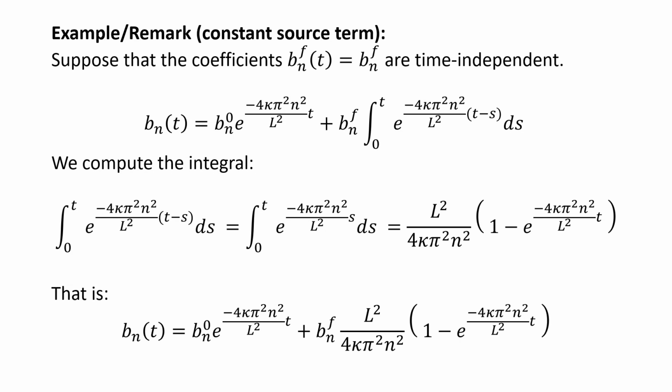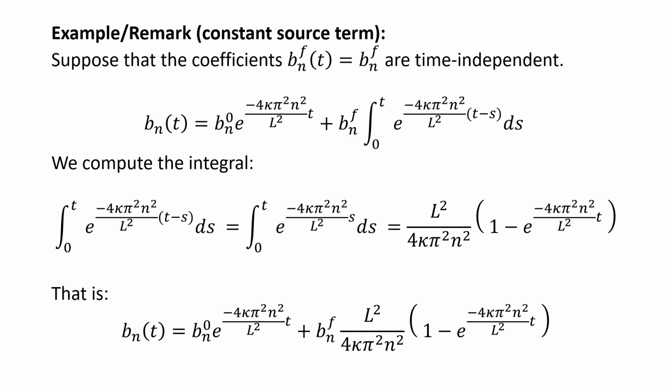And so, in the case of constant data, the coefficients of the solution b_n(t) take the following form. b_n(t) equals b_0n times the exponential of negative 4κπ²n²/L² times t, plus the constant coefficient of the source term b_fn times L²/(4κπ²n²) times 1 minus the exponential of negative 4κπ²n²/L² times t.